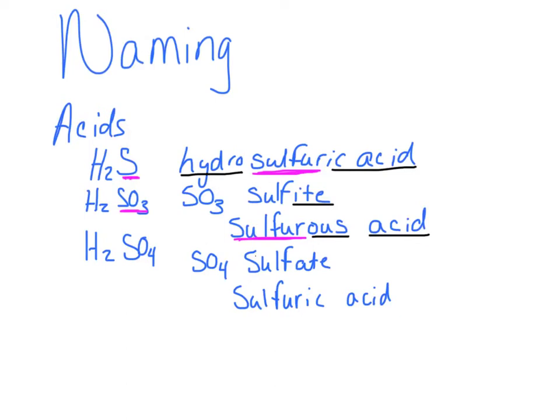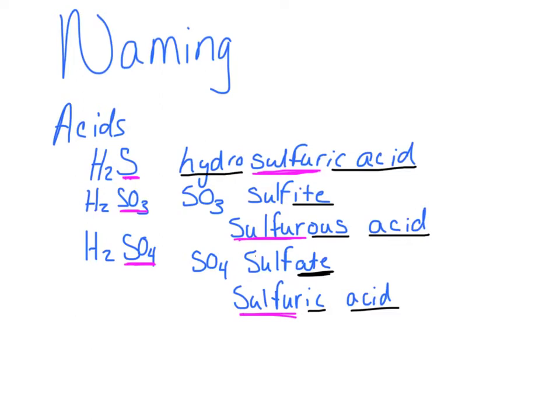So again, from the sulfur base, we have sulfur here, and then from the ATE ending, that gives us an ic acid. And these are the three ways that we would name, the three categories for naming acids.